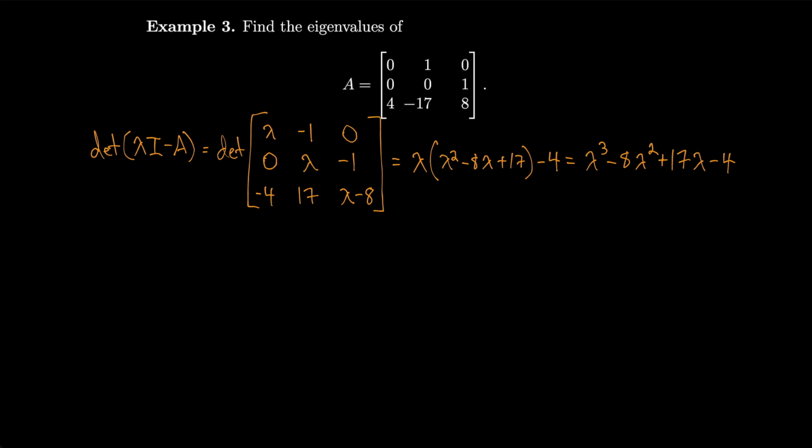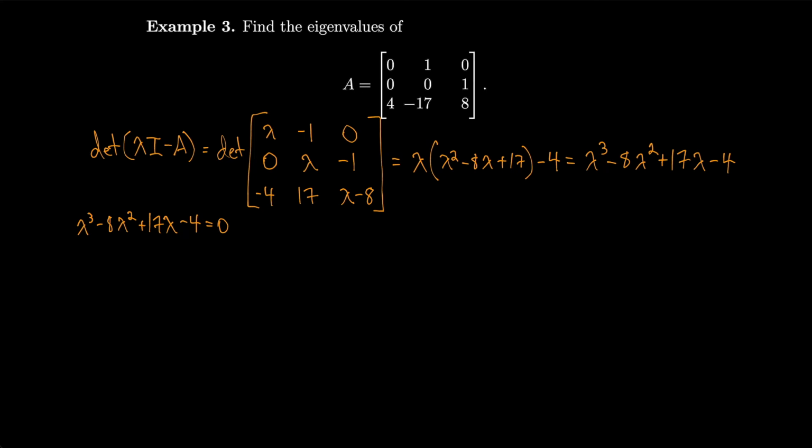Okay, so how about we set that equal to 0 and see if we could solve it. Unfortunately, solving polynomial equations is not the most fun thing, but we're up to the task, of course. So I'll rewrite it, but set it equal to 0 so that I can see what lambdas will actually make this determinant 0.